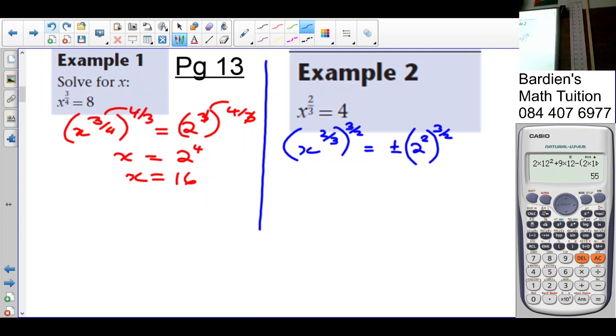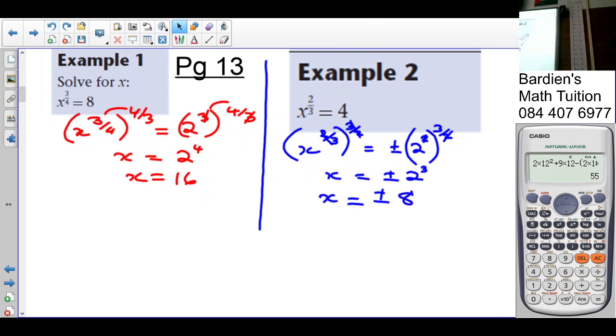Okay, so what happens? It cancels, so x is equal to plus minus 2 cubed, the 2's cancel, numerator and denominator cancel. What is 2 cubed? 8. So x is equal to plus minus 8. Okay, any problems there?